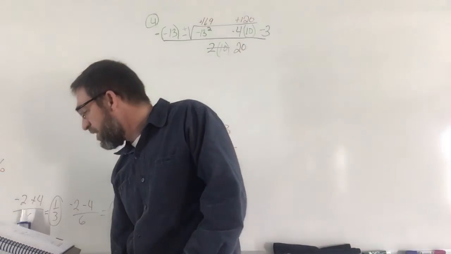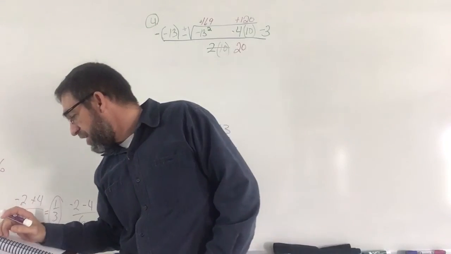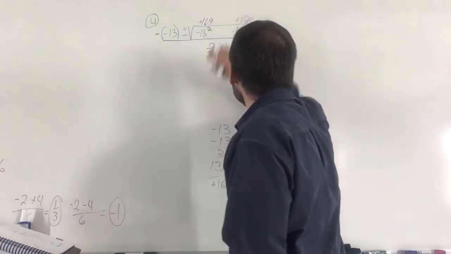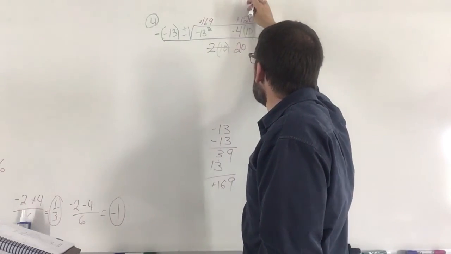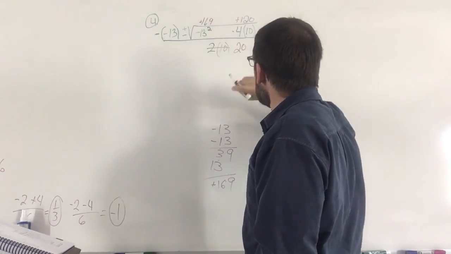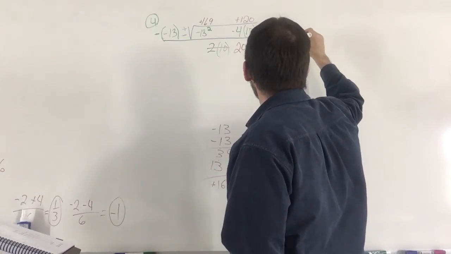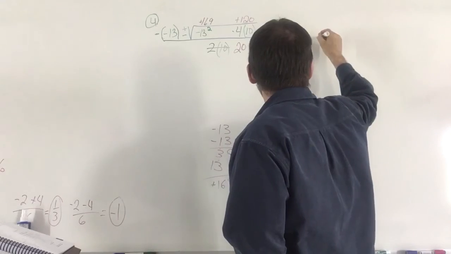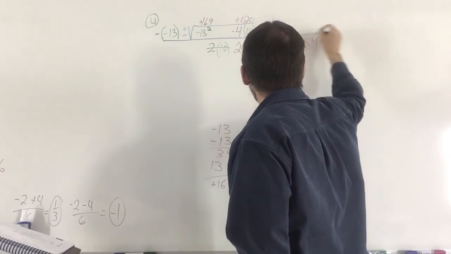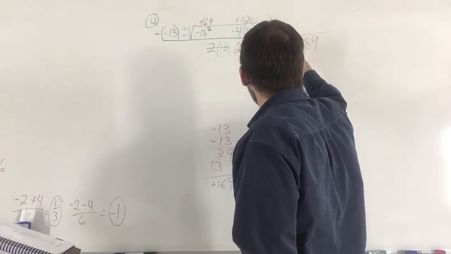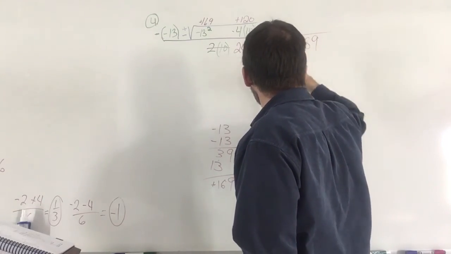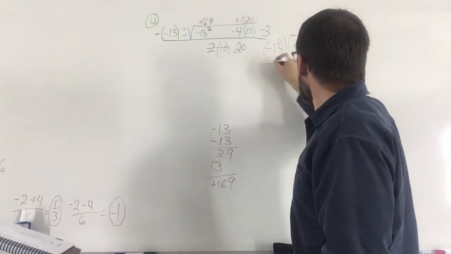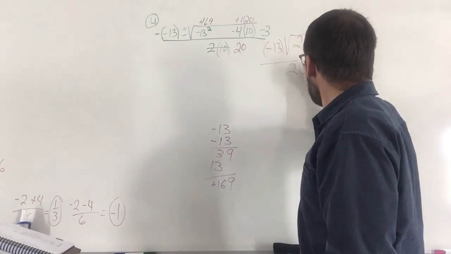Now we're ready to solve. Add 169 and 120 together, and that's going to be 289. Okay, I'd say it's about time we write over here. We got 289 radicand, negative 13, and I still got my 20 on the bottom.